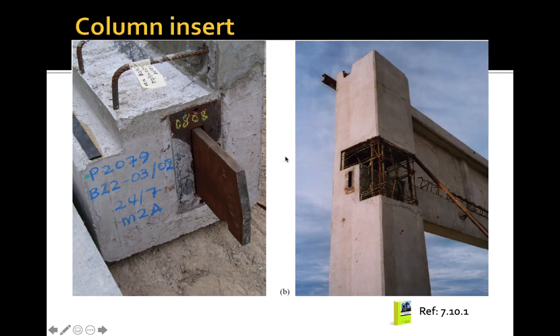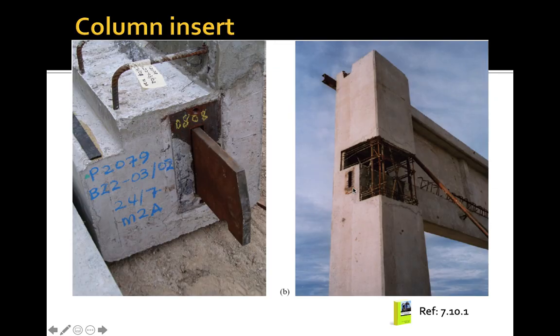So this is one example of the column insert that we have discussed just now, whereas we have the plate with the notch. We can see here that this is the plate that is coming out from the beam, and we have this notch, and this part will be inserted into this box.